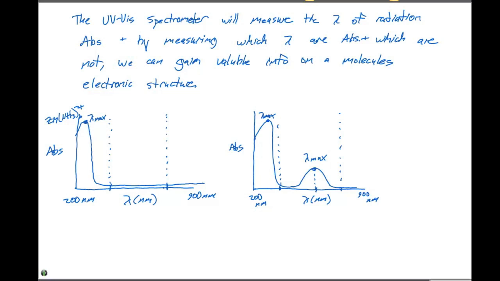One was the energy of these orbitals, because the difference in energy is going to determine where this absorbance is. Because for this zinc case down here, we have a really large bump at a high energy. So the excitation is going to take a lot of energy. We have to go out in the UV region of the spectrum here.